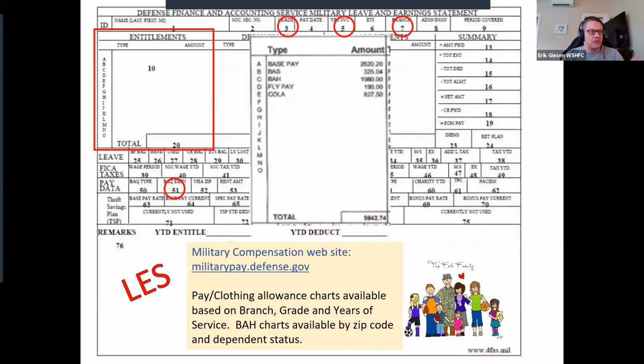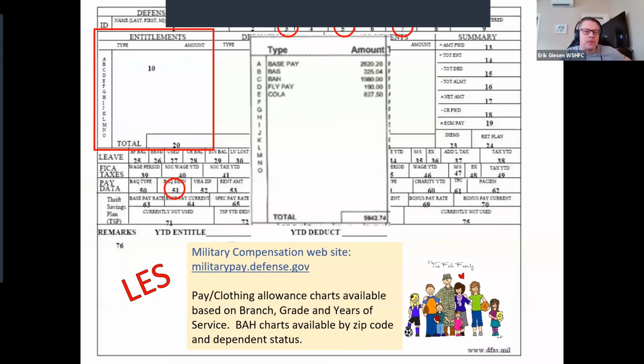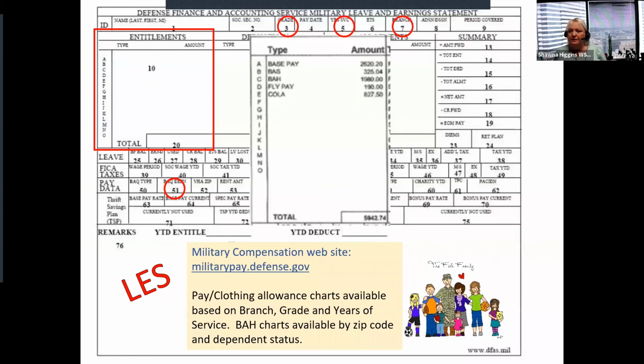And if you look at these 4 different areas, area 3 is grade, years of service, their branch of service, and number 51, I don't remember what that means, but I think it was the dependent status, isn't it? Dependent status. Yes. If you have those 4 things and their location, so I think it's the zip code, and you go to militarypay.defense.gov, you can put in those 4 things and their zip code, and it will tell you what their pay is going to be.